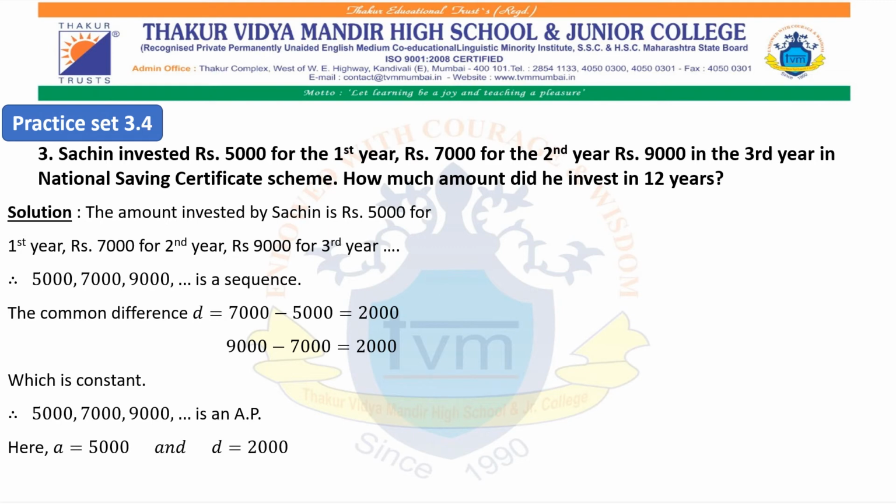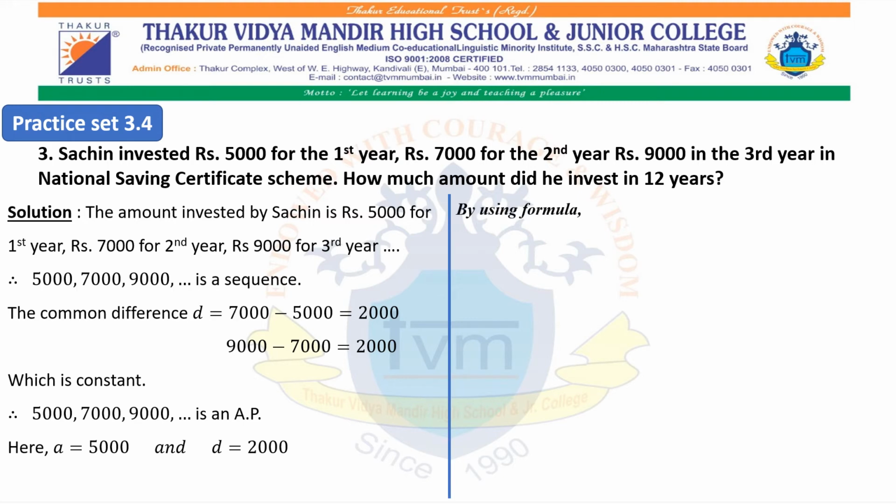Now let us see what they have said after that. How much amount did he invest in 12 years? Means they have asked us to find the total amount he invested in 12 years. We can find it by using the Sn formula. If we have the value of a and d, we can directly apply that formula. Already we have a as 5000 and d as 2000.